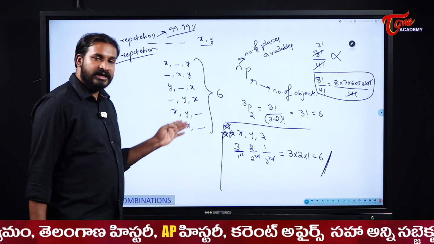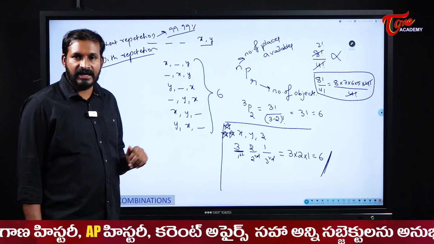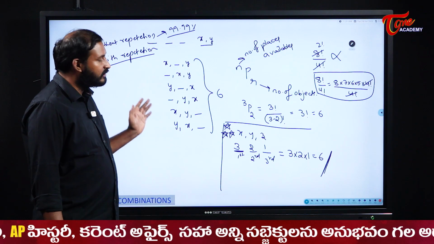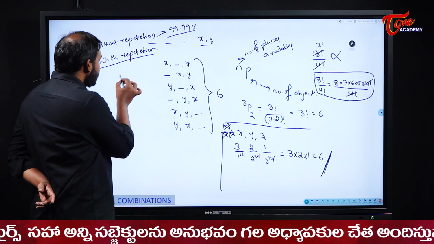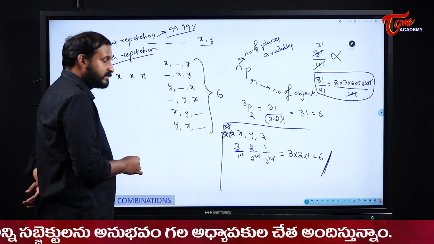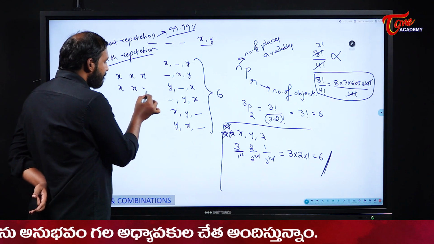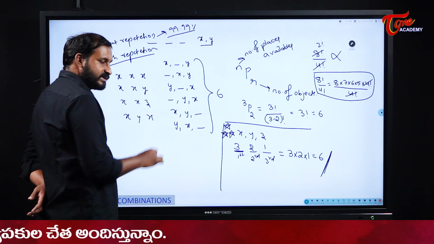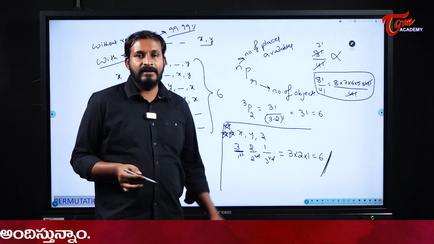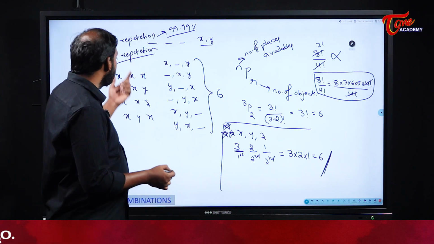See here, we have written only XYZ, YZX and something like that, right? Am I correct or not? Now, with repetition means, I can also take XXX, I can take XXY, I can take XXZ or else XYX, something like this. I can repeat the same letters again. This is called with repetition.